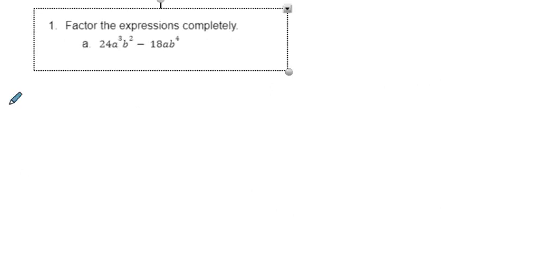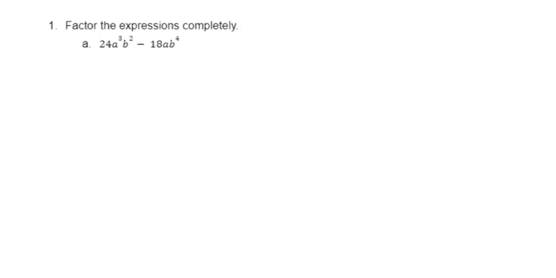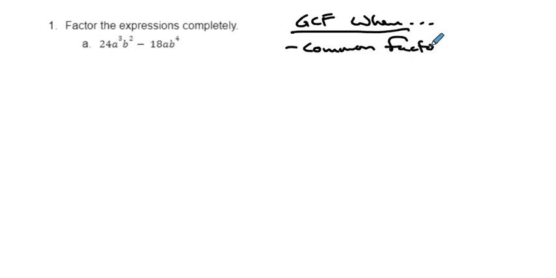All right, so that applies to this problem right here. When we talk about factoring something completely, you can use GCF when you have common factors in all the terms, or a common factor is fine.